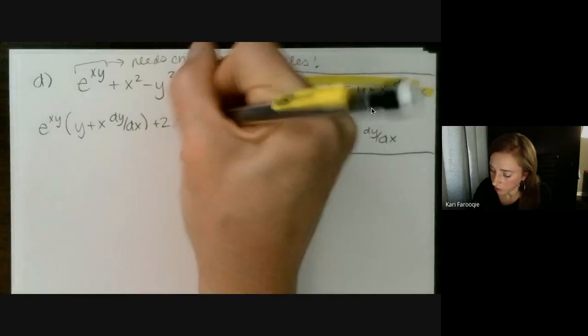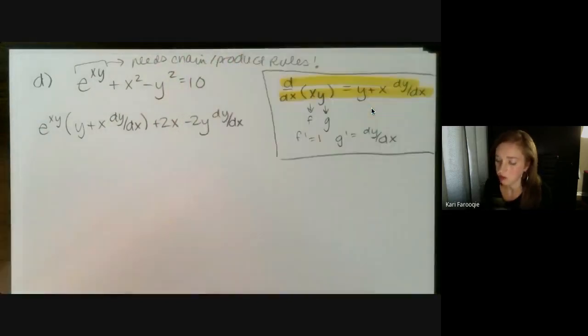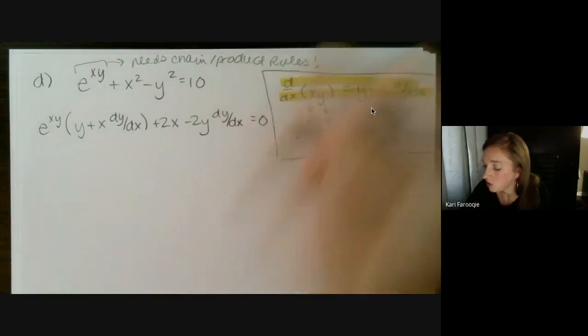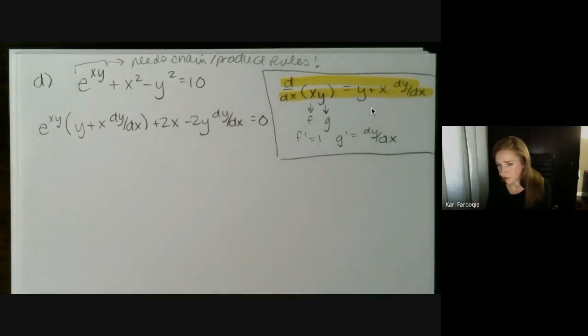Plus 2x minus 2y. Don't forget when you take the derivative of y to chain on that dy dx. And the right-hand side, don't forget to take the derivative of 10 to get 0. Questions on the derivative? We still have to simplify it, but technically this is the derivative.